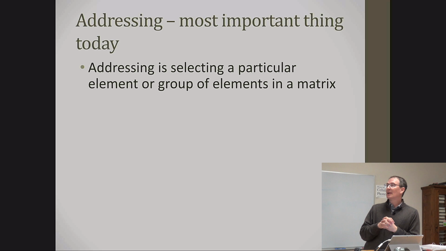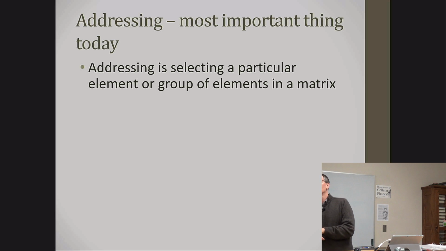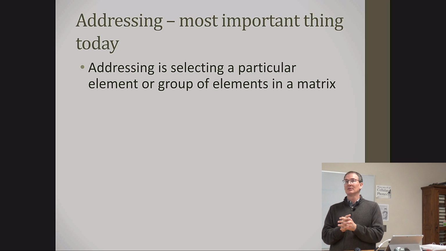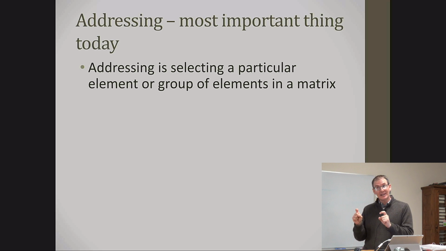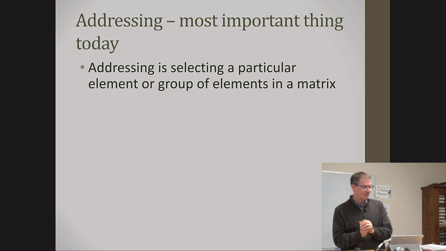Because, as we saw last time, matrices don't necessarily only store numbers. They might store true falses, which are logical things. They might store characters, letters. They might store cats and dogs. We saw all kinds of things last time. But no matter what kind of data piece it is, every individual thing is an element. Okay?